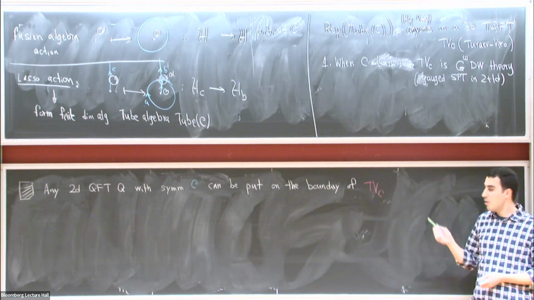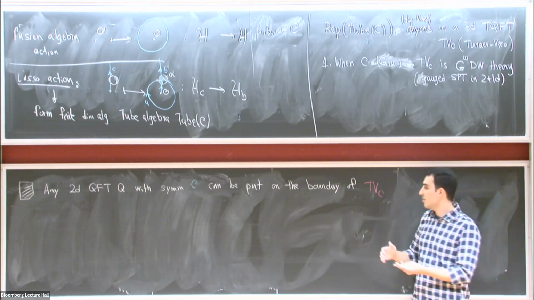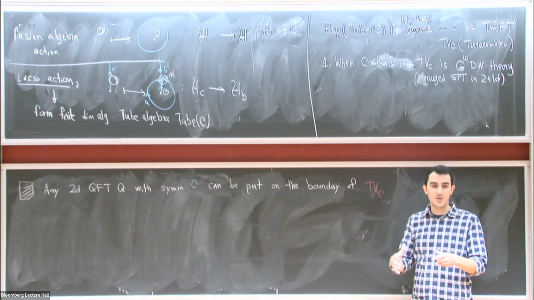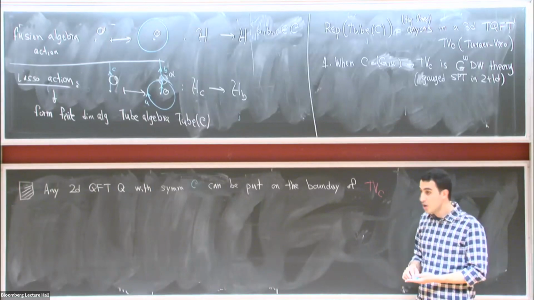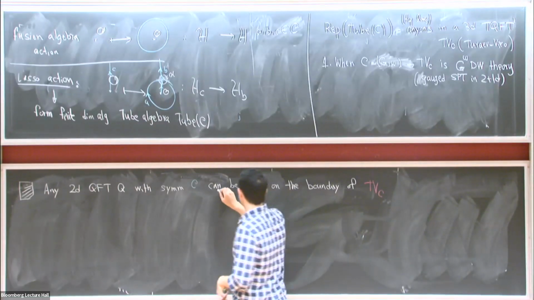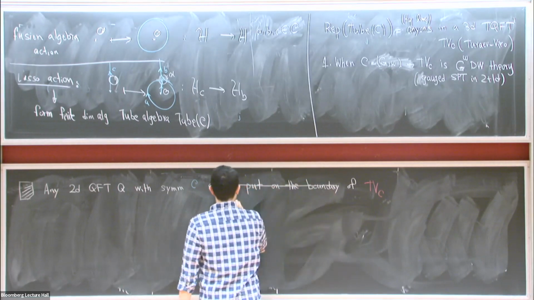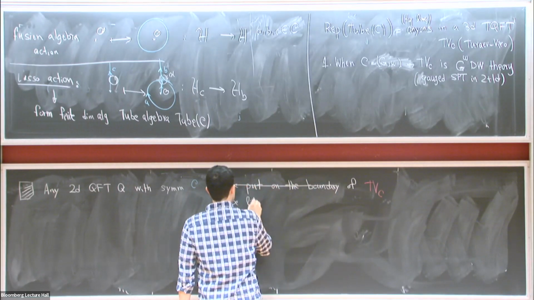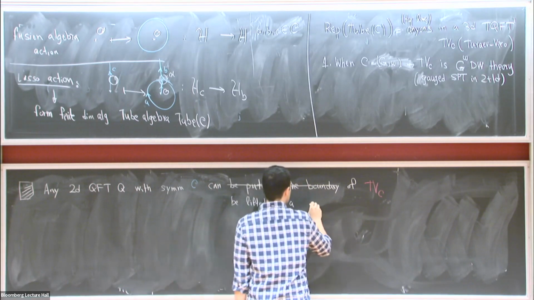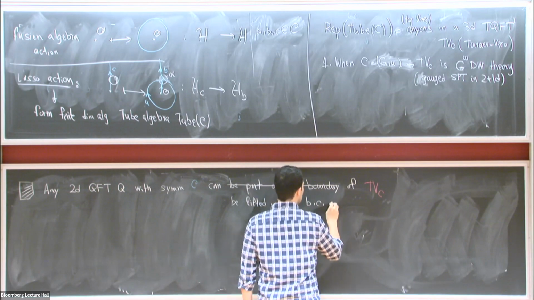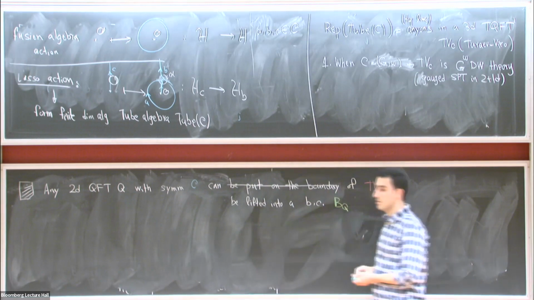But what I wrote here doesn't make sense fully because I cannot identify a theory with a boundary theory. A theory either lives by itself or is a boundary theory. So more precisely, I should say it can be fixed into a boundary condition that we call BQ of this theory.